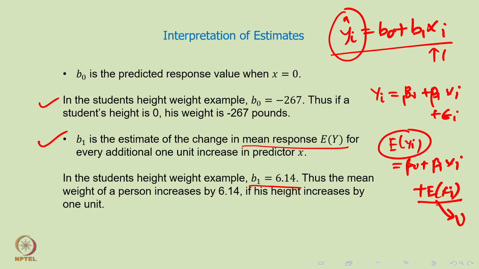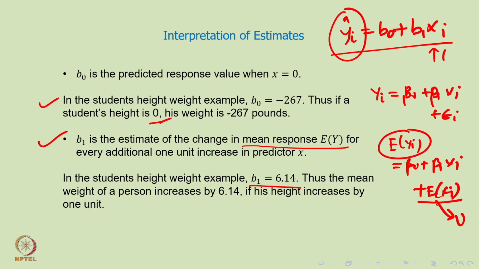Now this interpretation doesn't make sense because weight cannot be negative, but you are seeing a negative weight here because a student's height also cannot be 0. An important point to note is that B0 is called the intercept and B1 is called the slope, exactly similar to the equation of a straight line.